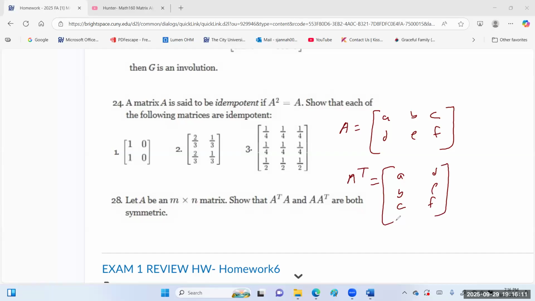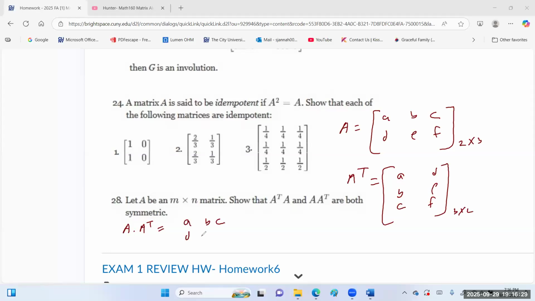So this is 2 by 3 and this is 3 by 2. They are saying that if you multiply them, your result will be a square matrix. Show that. So all you have to do is multiply A times A transpose.